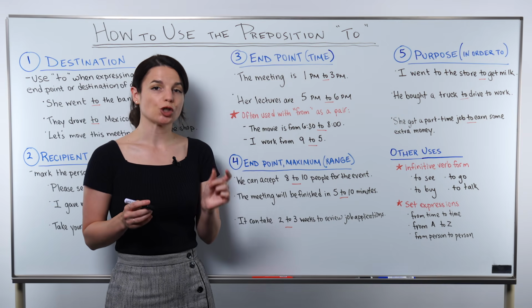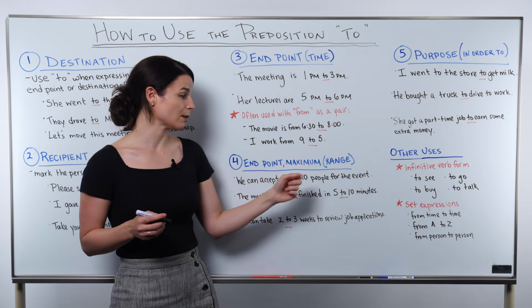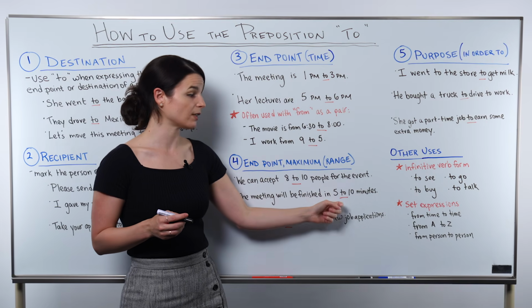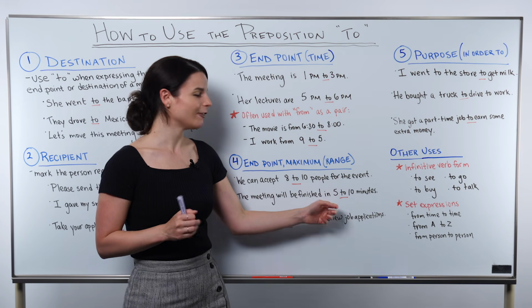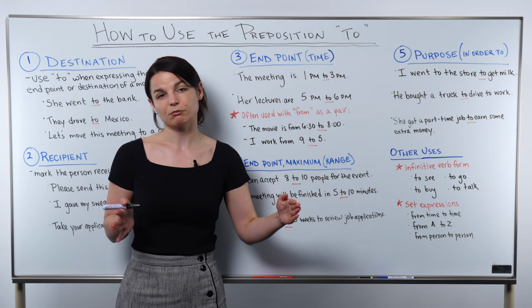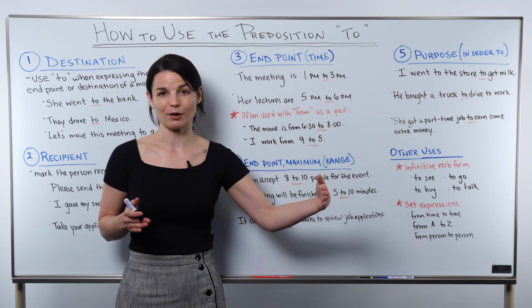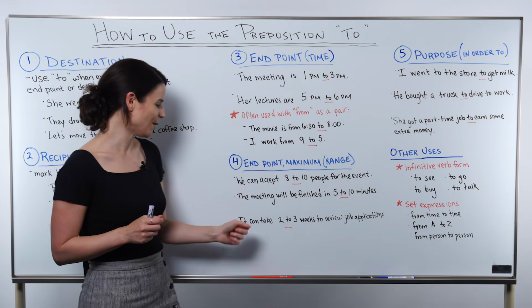You can use this to before the end point or the maximum point for your range. So this is a very useful use of to. So 5 to 10 minutes gives us the rough start point and the maximum point for our range, the end of our range. Okay, one more.